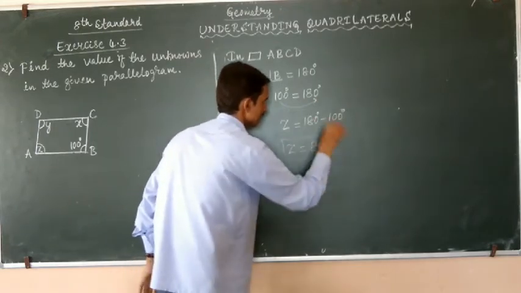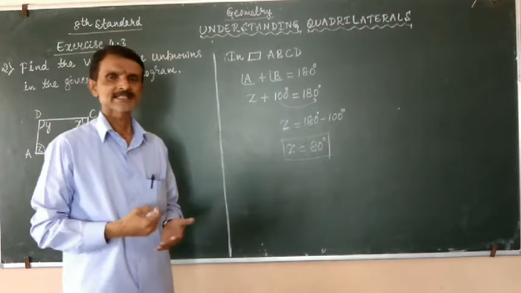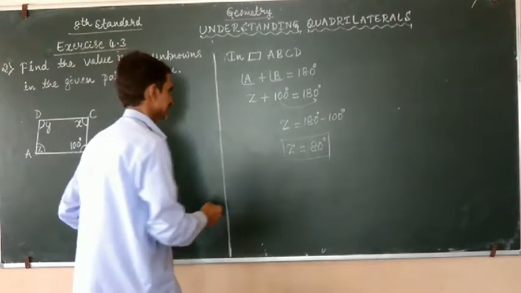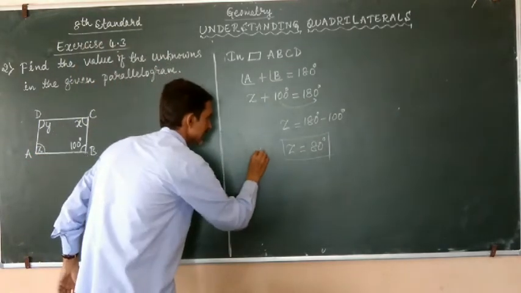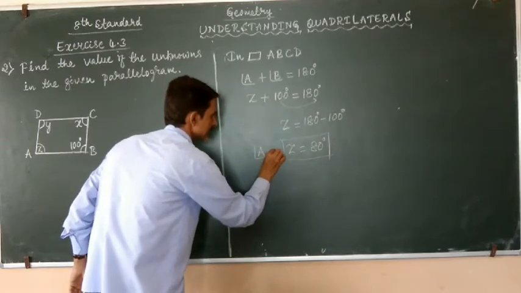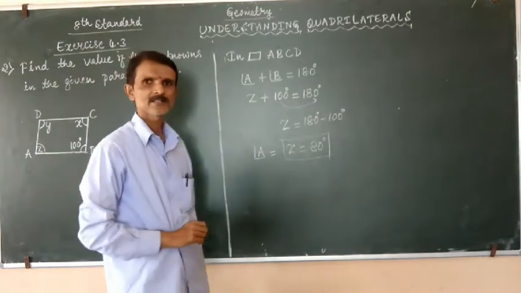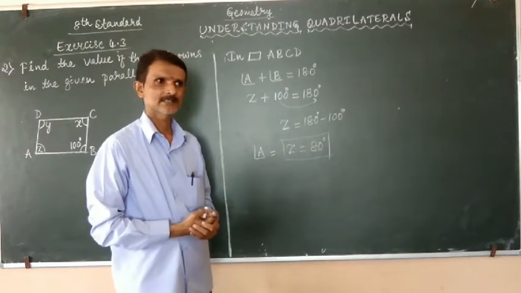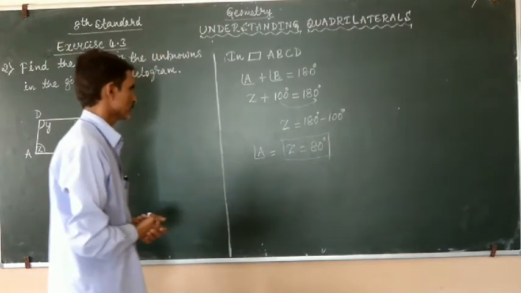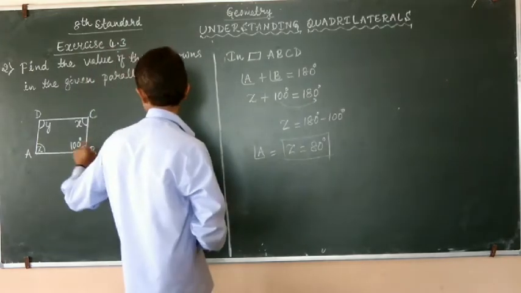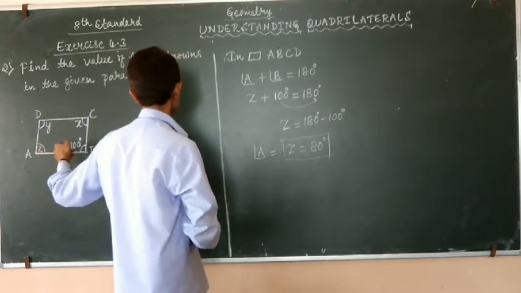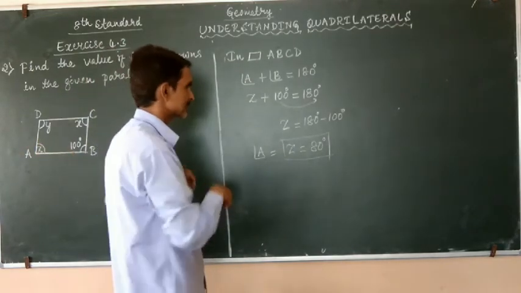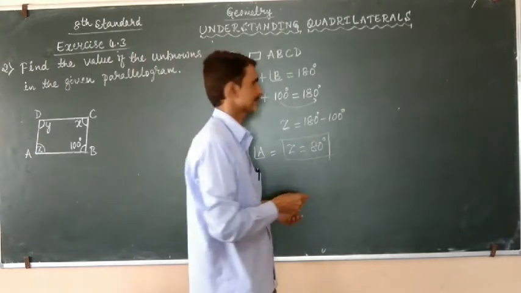Therefore, the value of unknown term Z equals 80 degree. Z means angle A. The measurement of angle A is 80 degree.